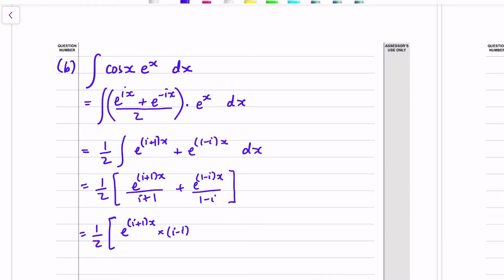Well, it's actually 1 minus i, but it'll have the same effect. And then do it with the other one, but times it by 1 plus i.